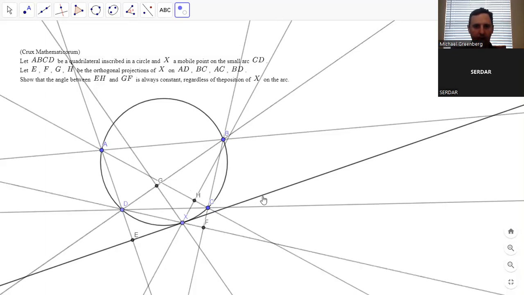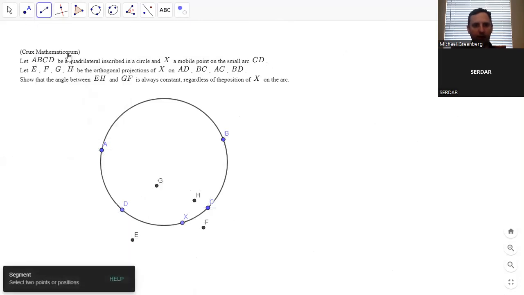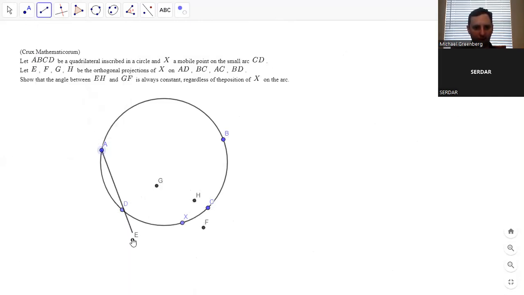So we have this. XE and XF are perpendiculars. And if you draw the diagonals, I'm possibly going to rename them.